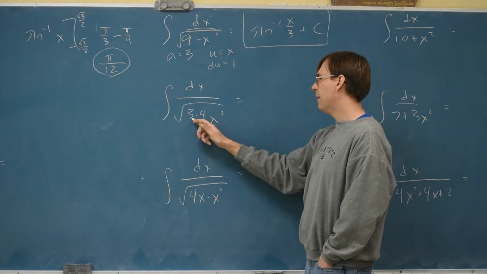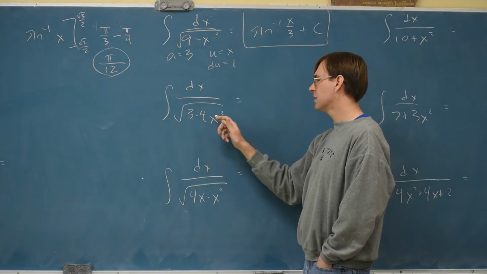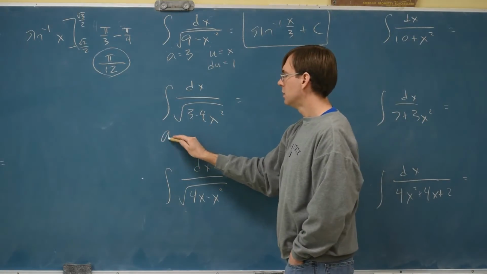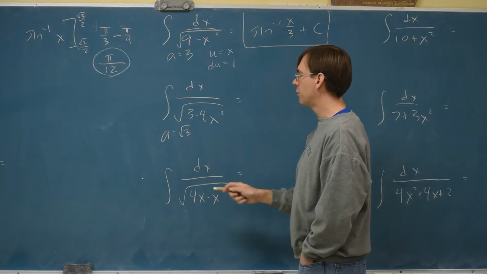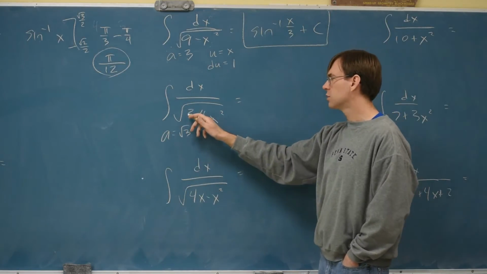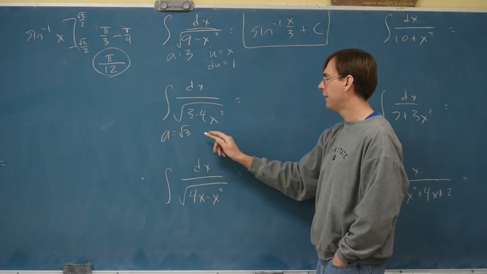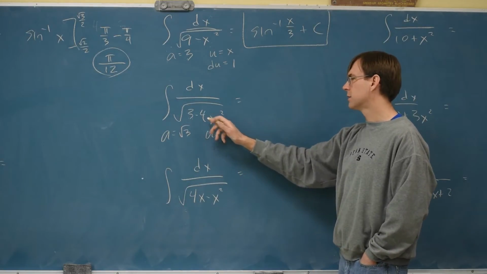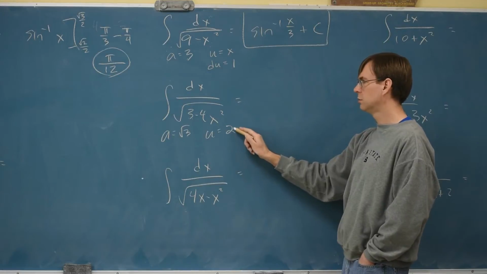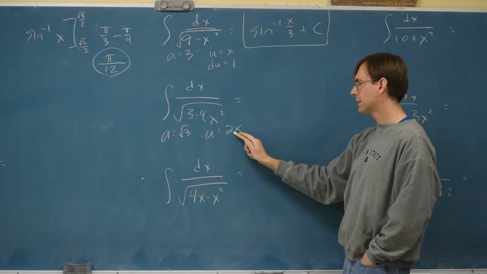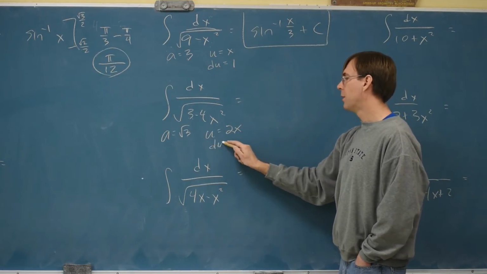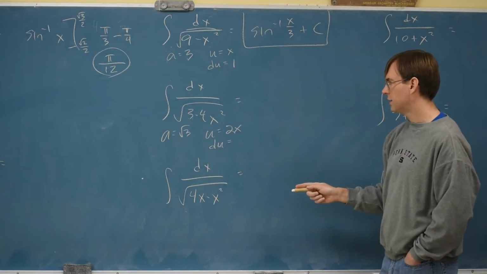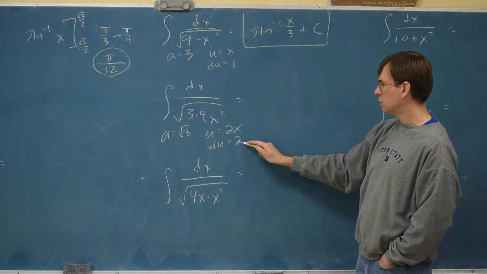This is the same format because it's numbers minus variables. My a would be the square root of 3, because we're always going to do the square root of this to decide on our a. Our u would be the square root of this. Square root of 4 is 2. Square root of this is an x. But I need to think about du while I'm on that topic. The derivative of this is a 2.